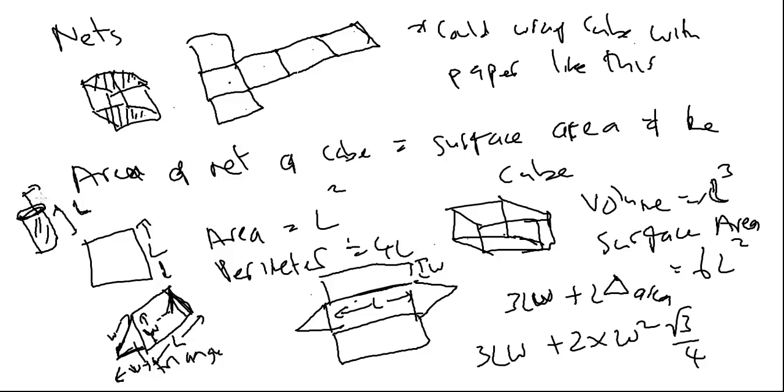So say the circle on top has radius r, so then the circumference is going to be 2 pi r. So our rectangular piece is going to be length L by 2 pi r, because that's, as I said, the circumference.